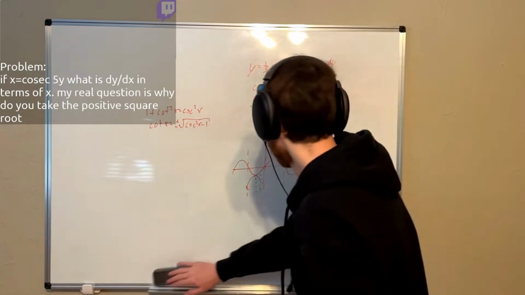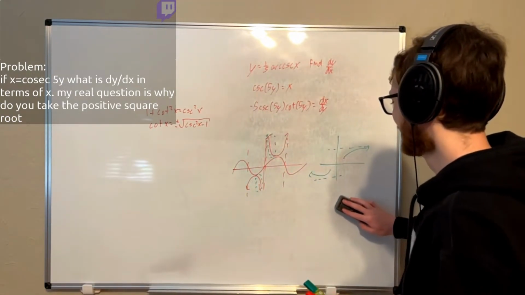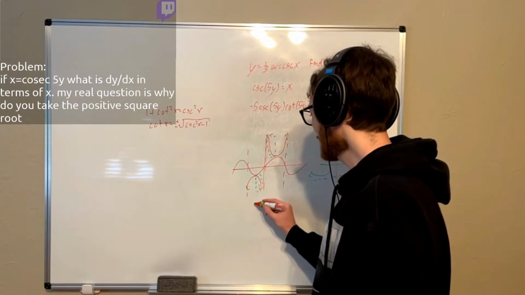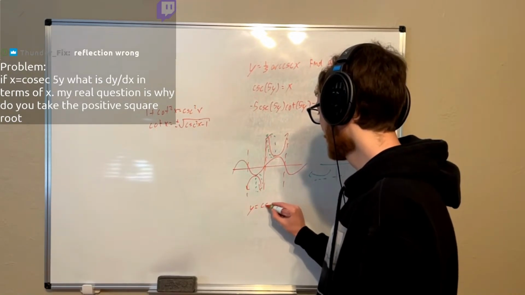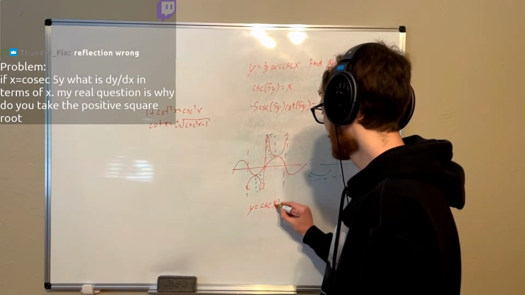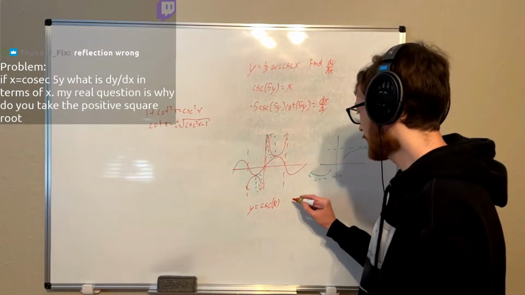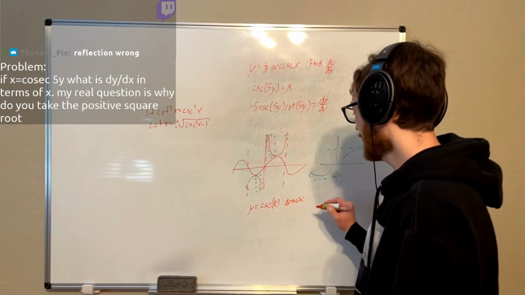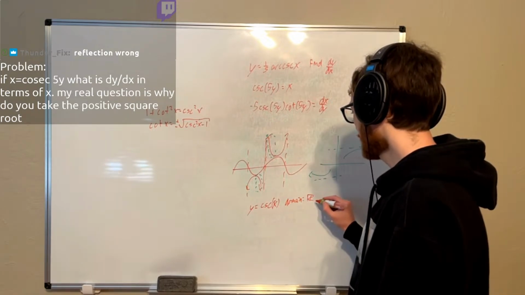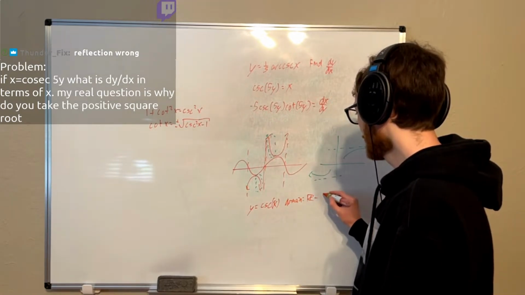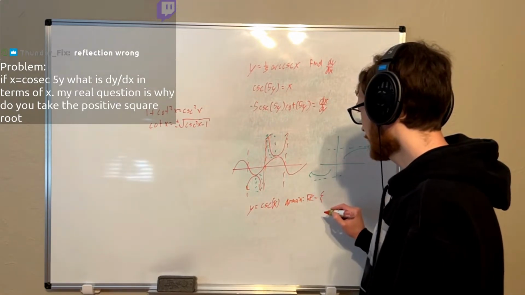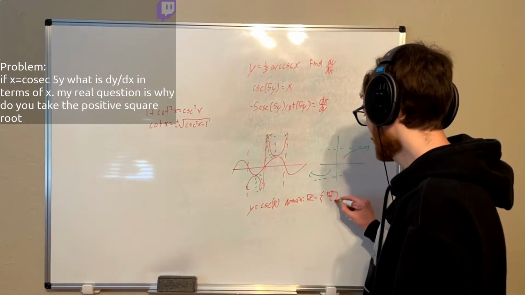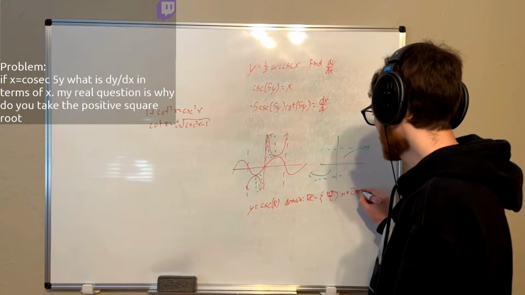Okay, wait. If cosecant, the domain is all real numbers except n pi over 2, where n is an integer.